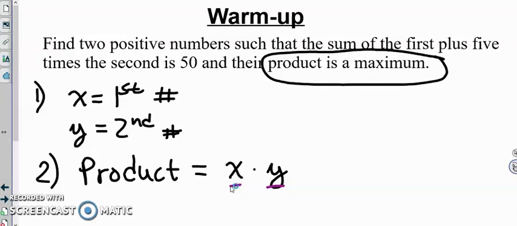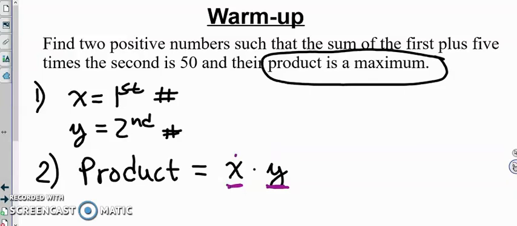In this case, we like x's better. So we're going to solve for y, so that we can get this to be in terms of x. Something with x in it, so that way we have x here, x here.